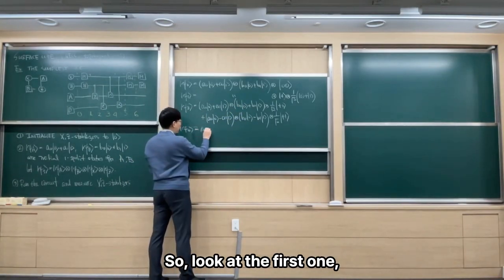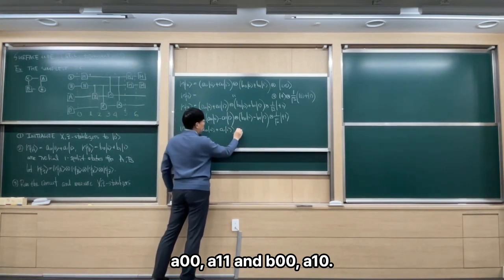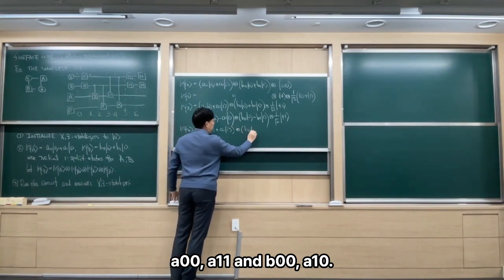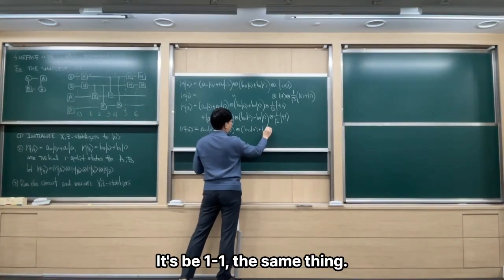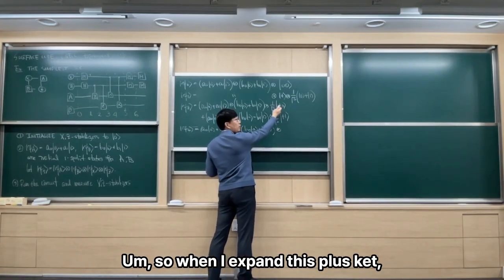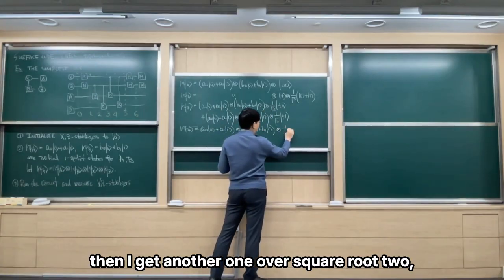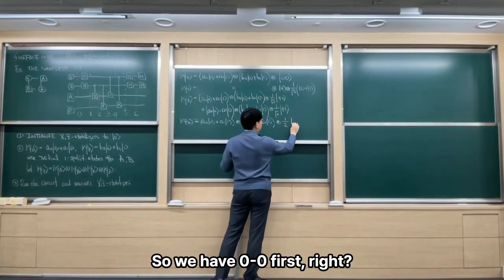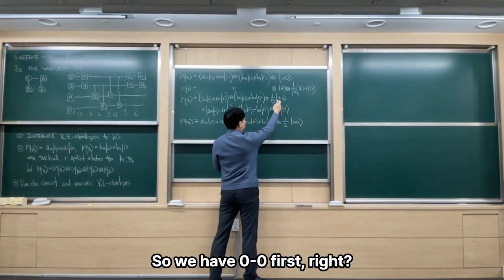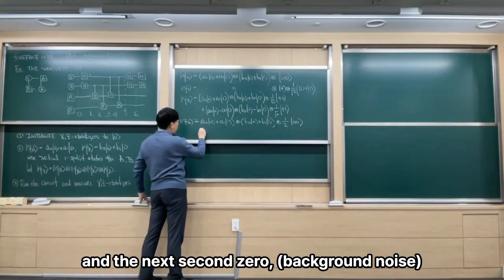So look at the first one: A0 0, A1 1, and B0 0, B1 1. The same thing. So when I expand this plus cat, then I get another 1 over square root of 2. So it just becomes 1 over 2. So we have 0 0 first, right? So that's first 0, and the next second 0.